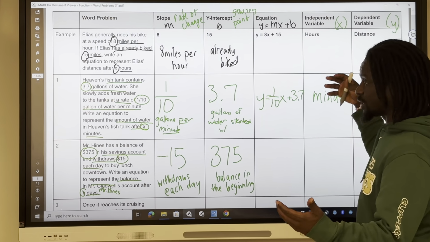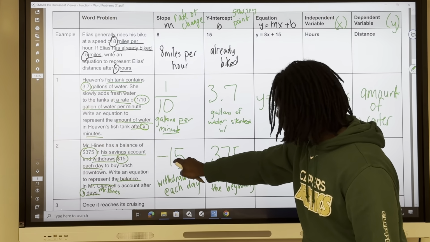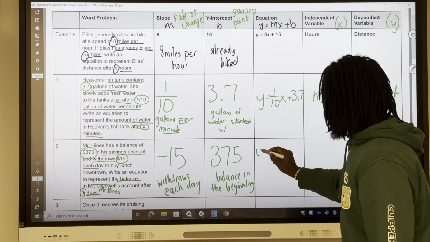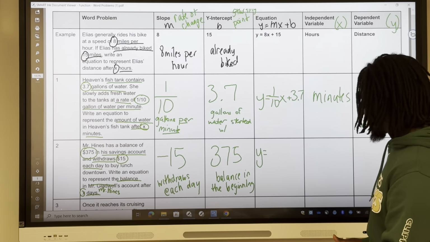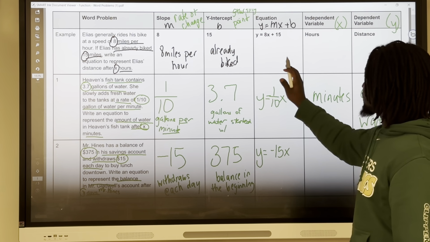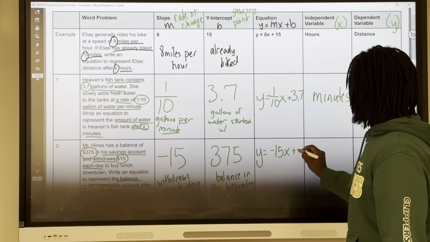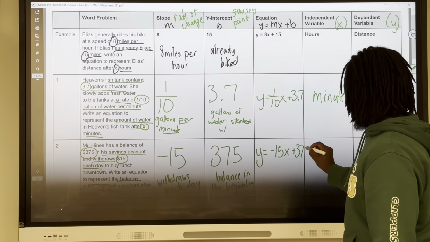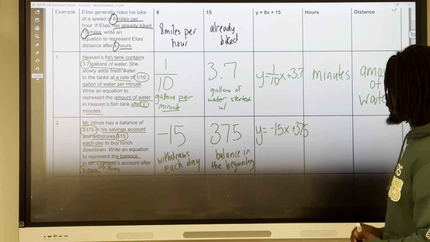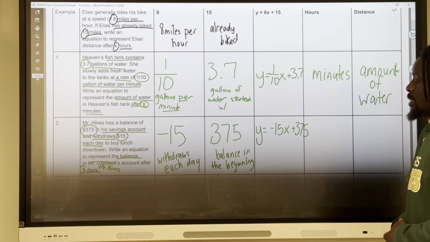Remember, y equals mx plus b, where this is my m, this is my b, okay? So y, which is the dependent variable, equals m, negative 15, x, okay, plus the y-intercept, plus the b, which is 375, okay? Now, that is my equation.